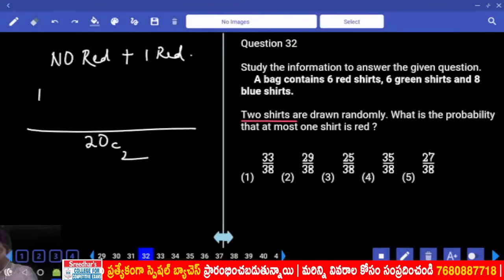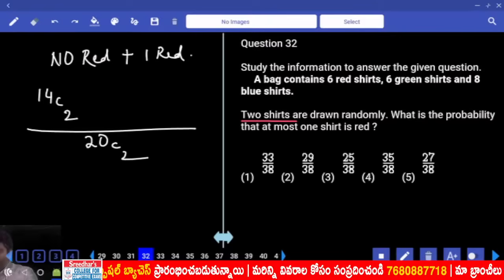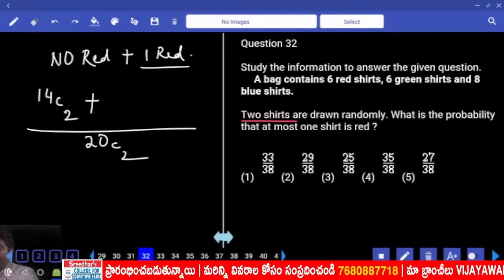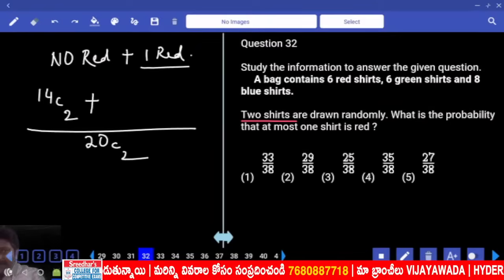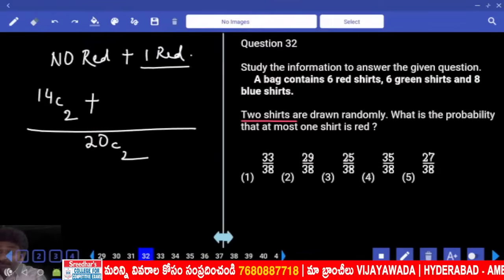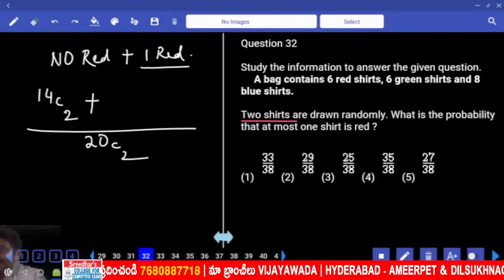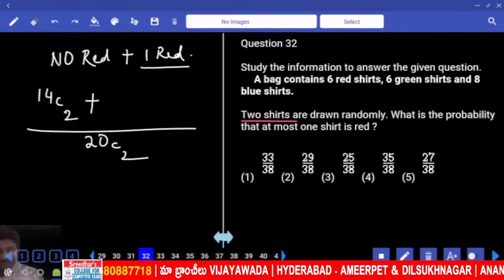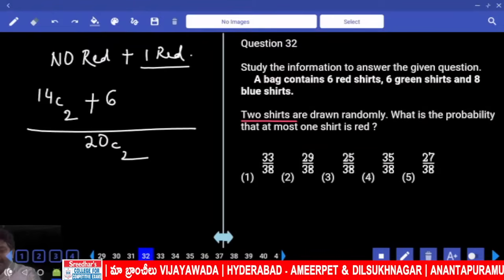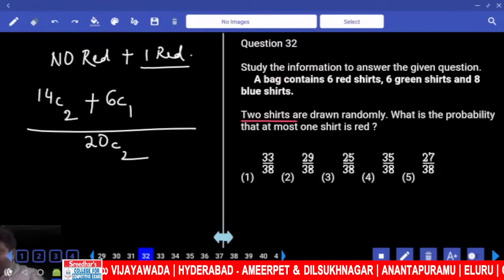Correct? So that is 14C2, or one red and one other color should be there. Total how many do we need to pick? 2. Out of those two, one red and the other must be of any other color. So total red we have 6 and we are picking 1.